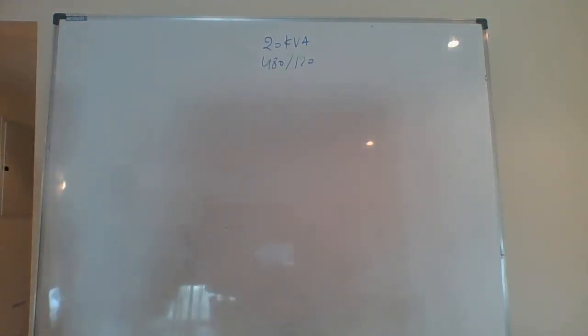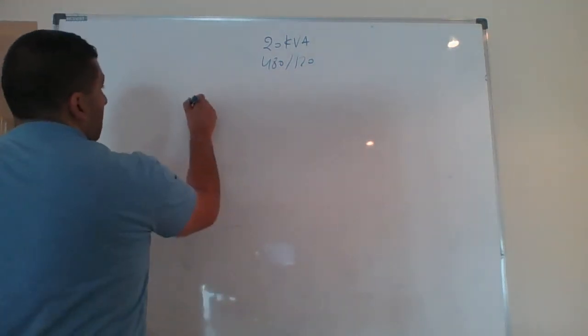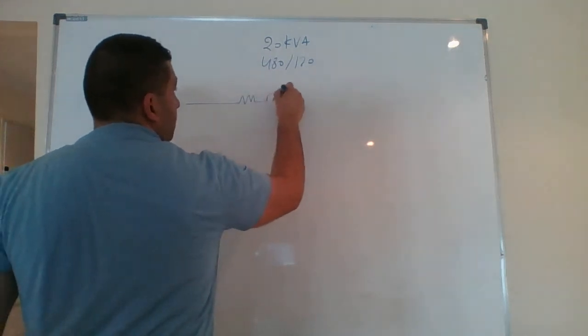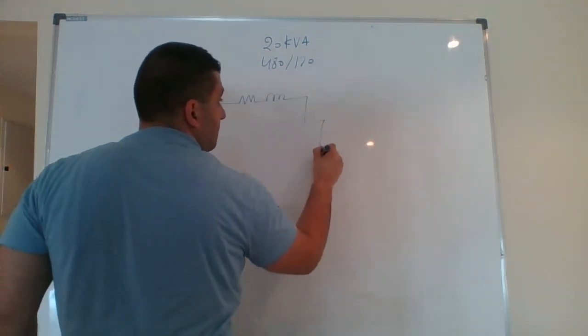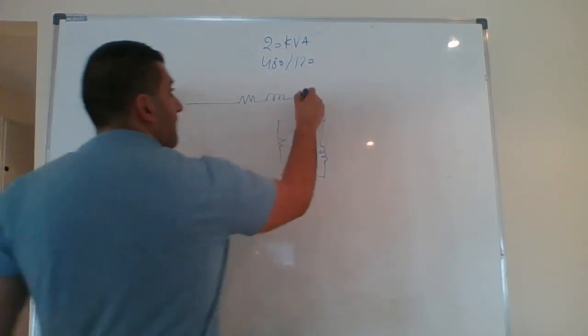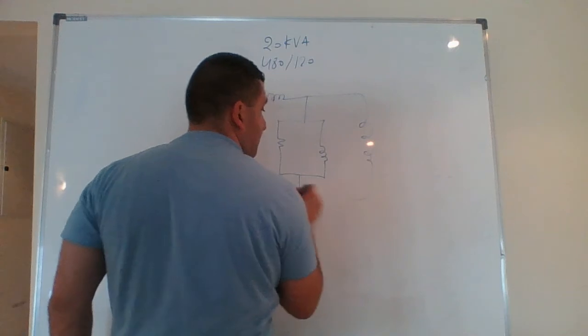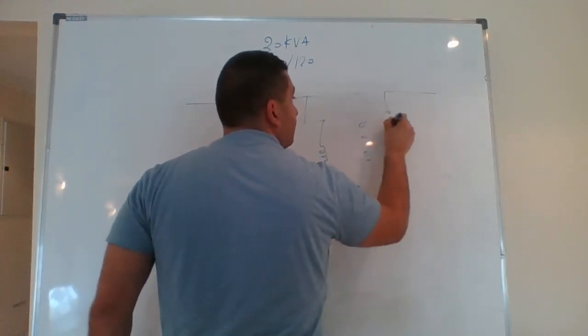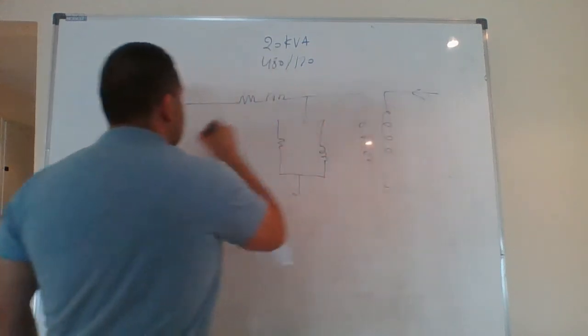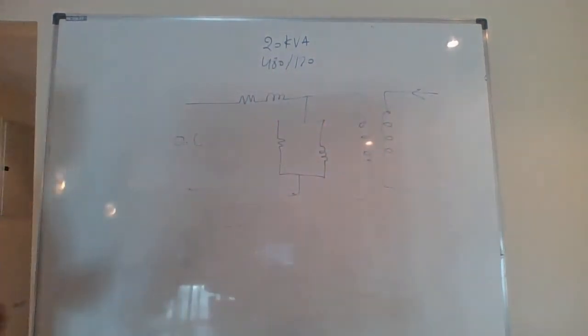Remember, when we did an open circuit test, what's an open circuit test? If I redraw my circuit, I have this circuit. I put a current in here. This is my open circuit test.